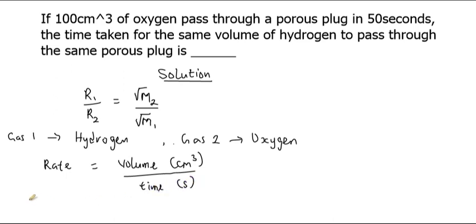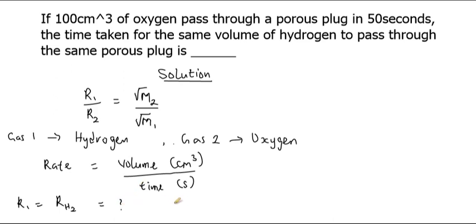Now for R1, which is also RH2, the rate of diffusion of hydrogen gas: the volume of hydrogen gas is known to be 100 cm³, but the time taken is unknown, because the question says the time taken for the same volume of hydrogen to pass through the same porous plug is dash. So the time taken for hydrogen gas is unknown. That means we can't proceed calculating the rate of diffusion of hydrogen gas, so we have that to be unknown.